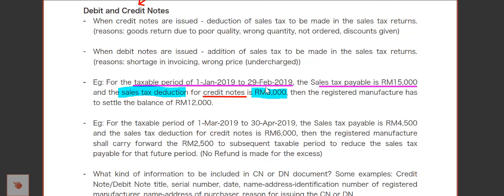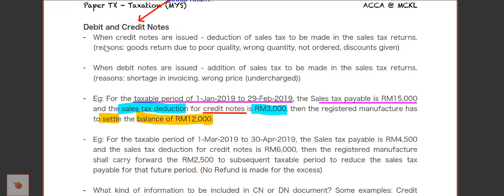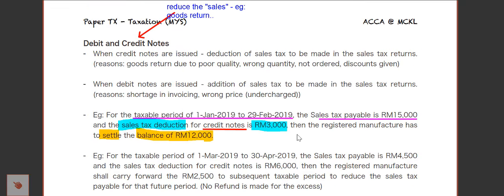So you only need to pay the balance of 12,000 to the Royal Malaysian Customs. This is what we call a sales tax deduction, to offset your sales tax payable.